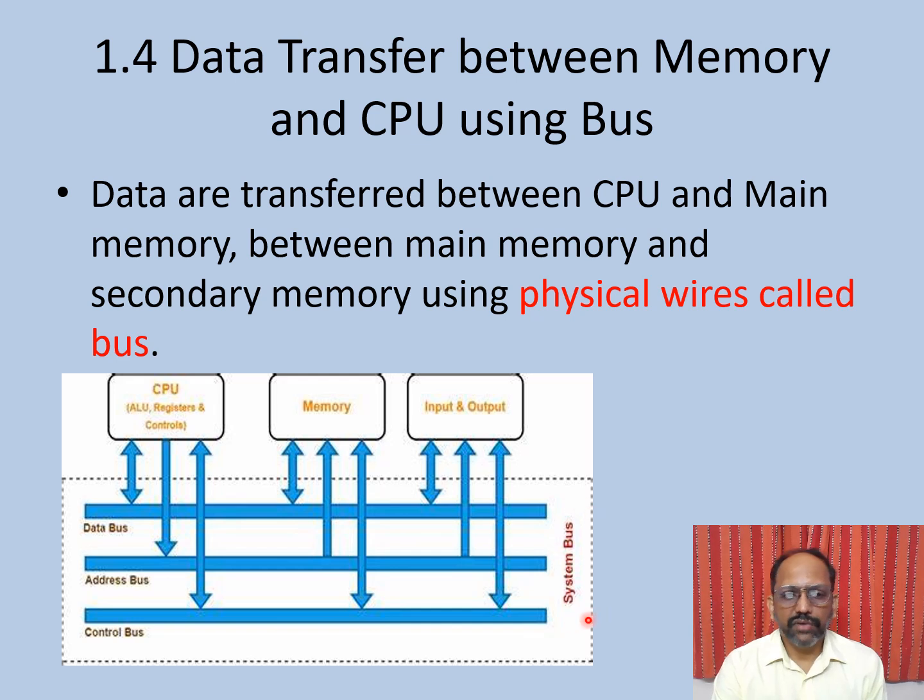So what is the system bus? The system bus includes the control bus, address bus, and the data bus. What is basically the bus? Why is it used? What is the function of a bus? A bus is a physical wire that carries the data between CPU and the main memory, or from main memory to secondary memory.